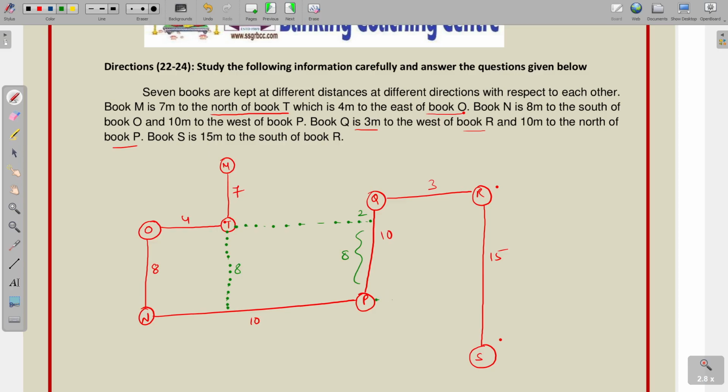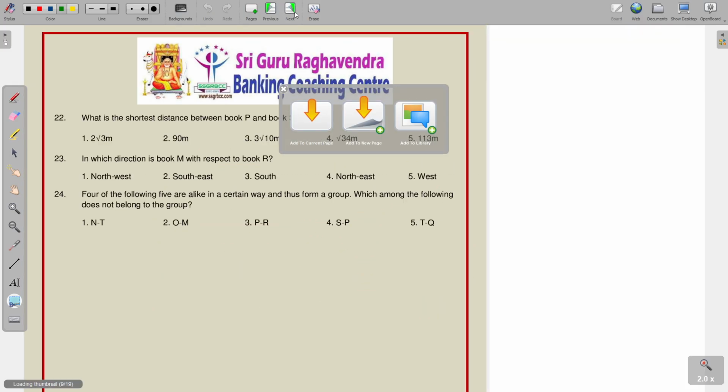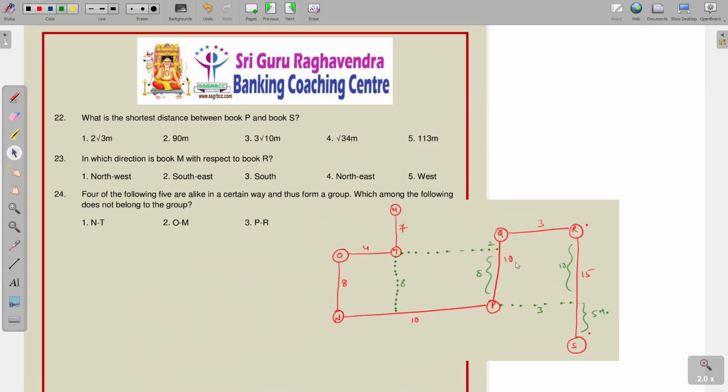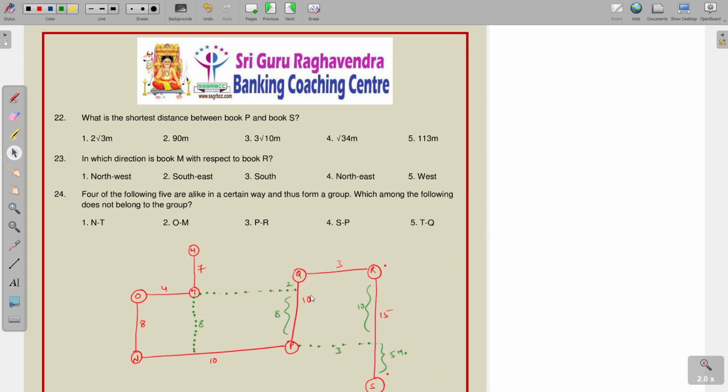And from here to here it is 3 meters. So if the whole thing is 10, then this becomes 5 meters. It is the final arrangement of the directions. So let us move on to the questions.